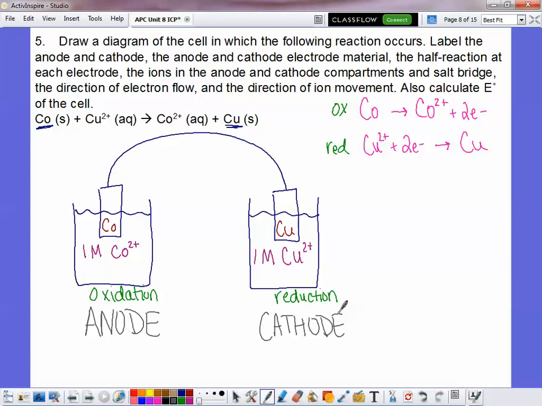And now some ways to remember that oxidation occurs at the anode, reduction occurs at the cathode. One of the ways is a little saying: red cat and an ox. Or, what type of letters do anode and oxidation start with? Vowels.